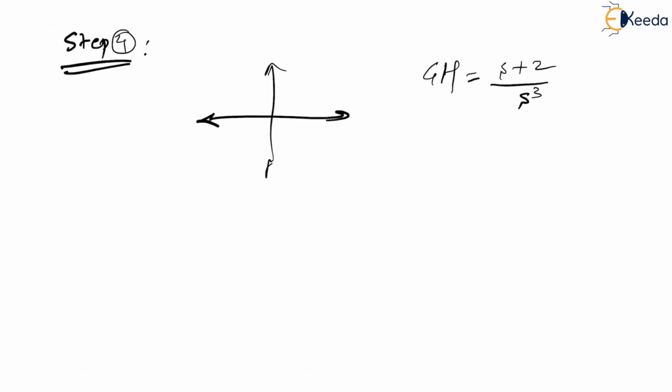So if GH equals s plus 2 by s cube, then s cube indicates 3 poles at the origin, so 3 poles are drawn at the origin. Then s plus 2 means you have a 0 at s equal to minus 2.